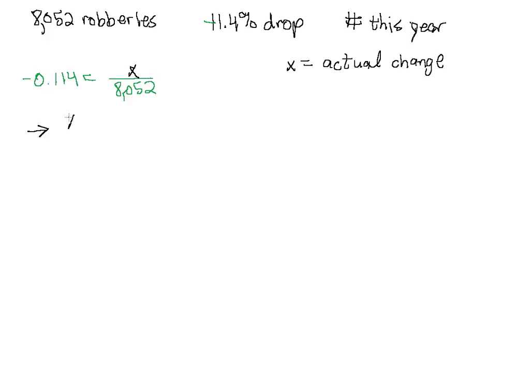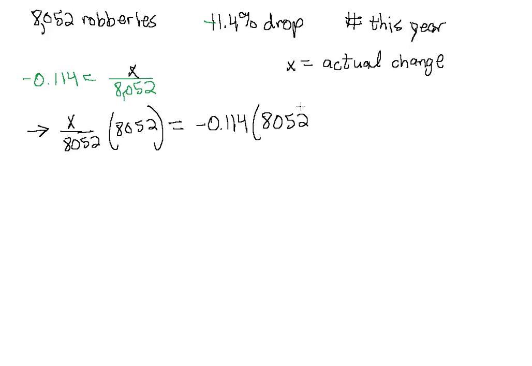So we have x over 8,052. What we're going to do is multiply both sides by 8,052, trying to isolate our variable. We have minus 0.114 on the other side, and we do the same thing on the other side, 8,052. These two terms cancel, leaving x by itself on the left side.